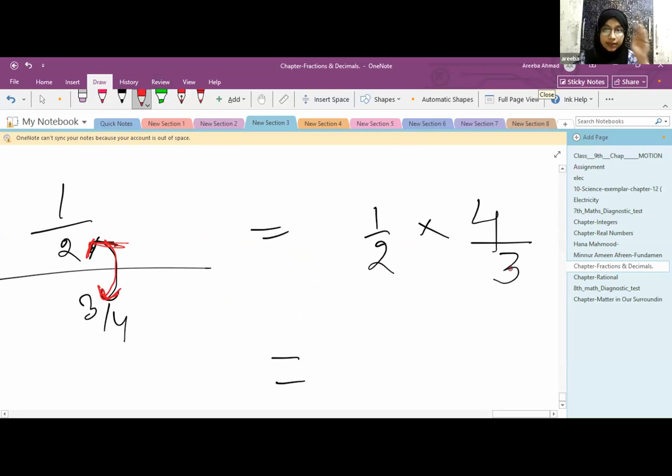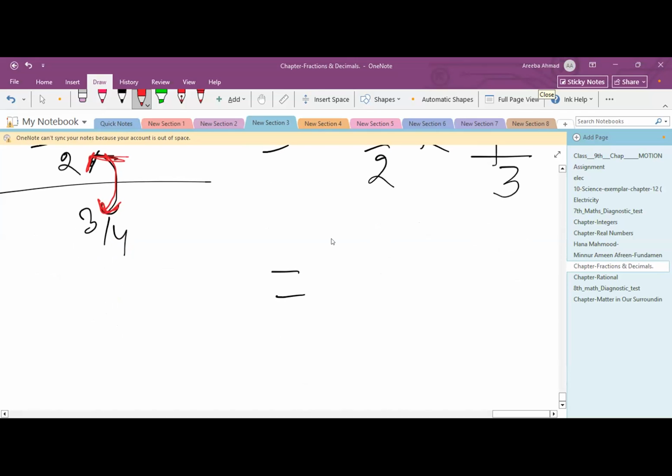Now if 2 and 3 are coming together, that means 3 must be the denominator in the second case. So who will go up? 4 obviously, because it was having 4. So the answer is equal to 4 by 6. Simplify it, 2 by 3. Got it?